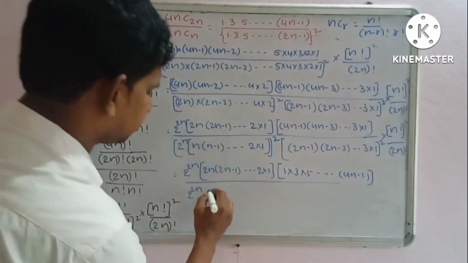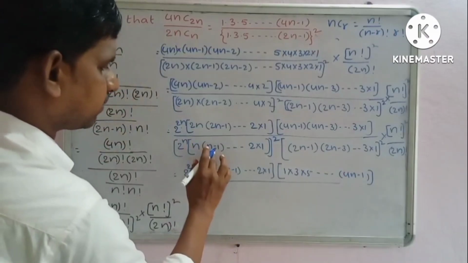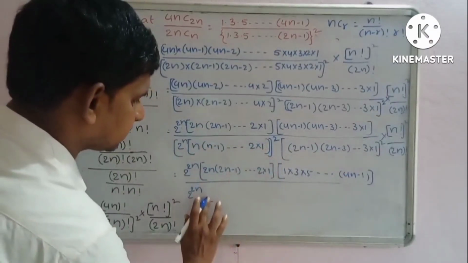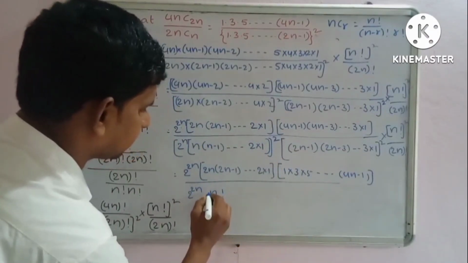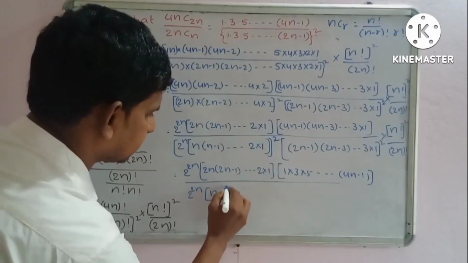So write this term, n into n minus 1 into n minus 2, and so on. This term is n factorial. Square is there, write the square.